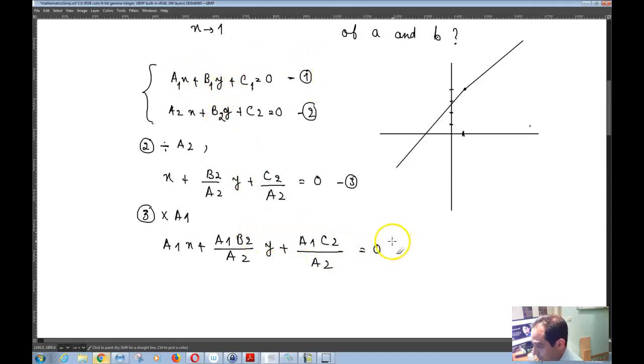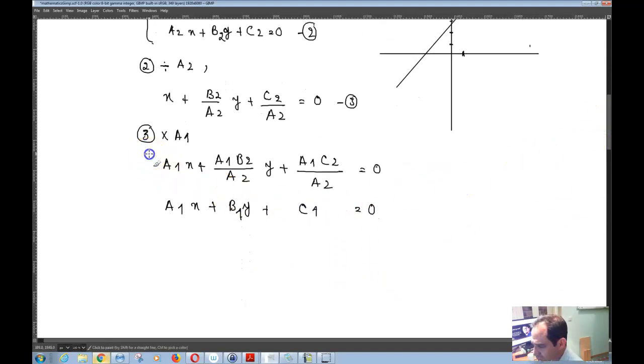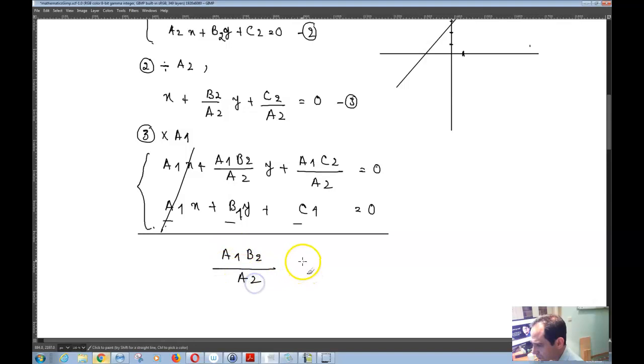Now if I write equation number 1 over here, a1x plus b1y plus c1 is equal to 0, and then subtract this from the other one, I can cancel these two out, and there is a1b2 over a2 minus b1 times y is equal to a1c2 over a2 minus c1.